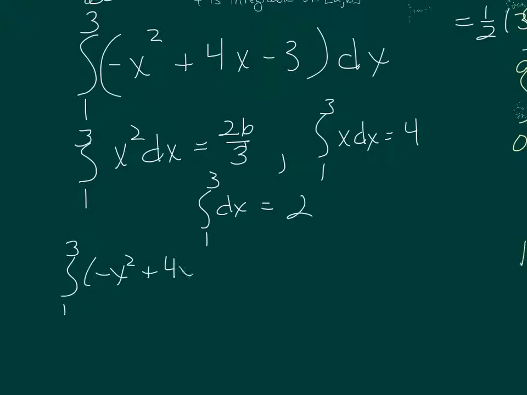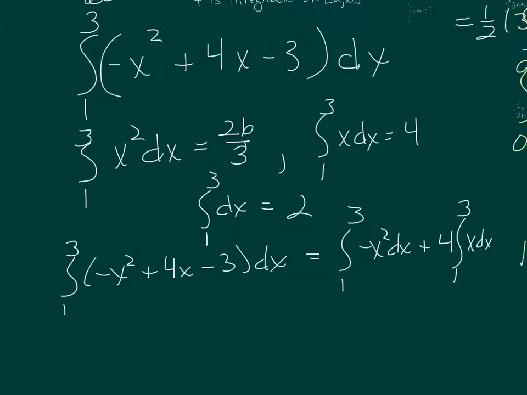We can separate this into the integral from 1 to 3 of negative x squared dx, plus, and I'm going to put the 4 out front, 1 to 3 of x dx, minus 3 from 1 to 3 of dx.